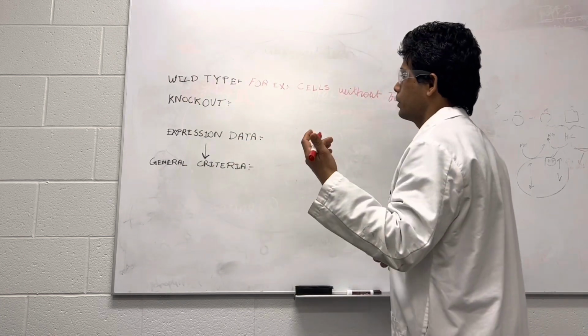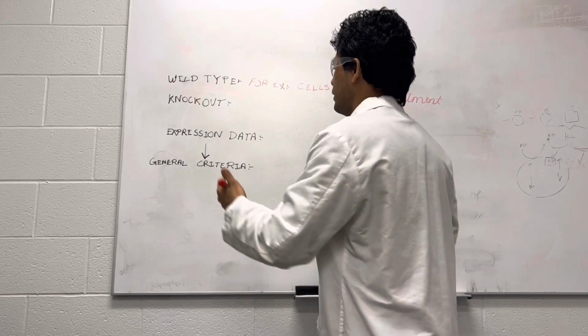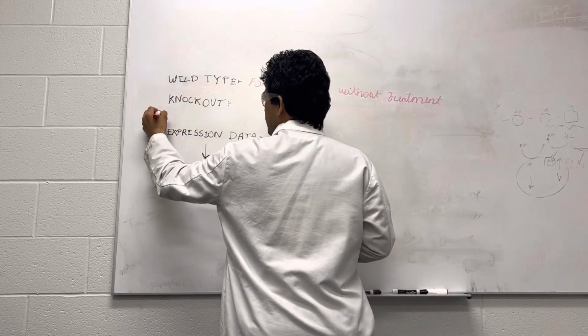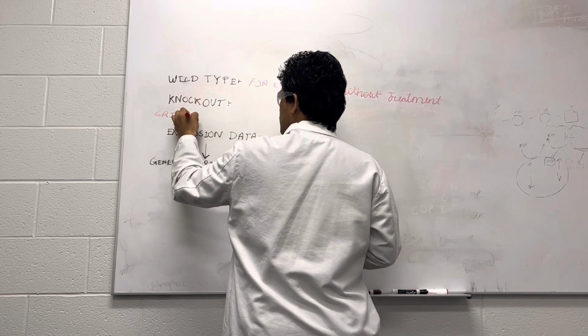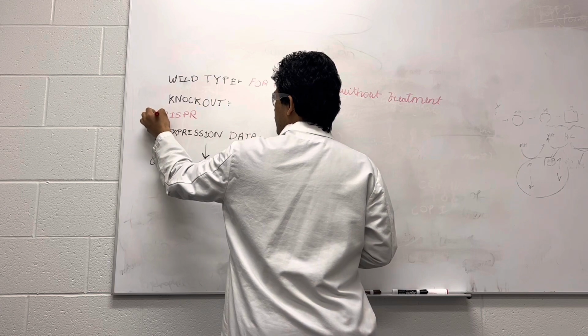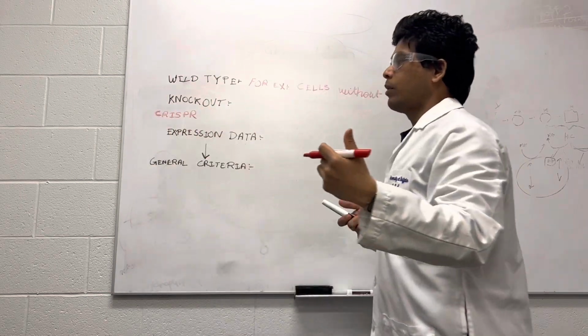One example to knock out a gene is CRISPR technology. CRISPR is the latest thing to knock out genes.